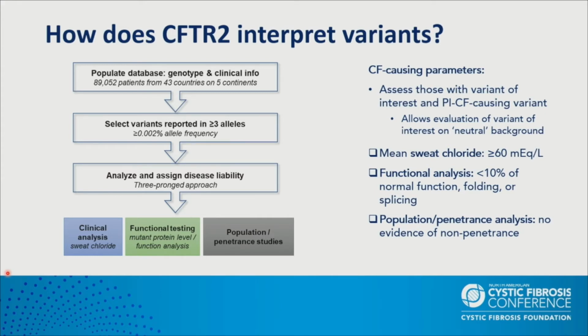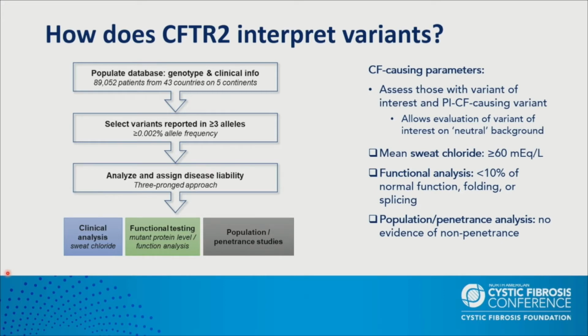And so when we think about how we might call something CF causing, the number one thing we want to do is look at a variant in the context of another variant, right? Cystic fibrosis is recessive, and in order to have it, you have two genes and you have two individual mutations. So we have to figure out how to evaluate one in the context of the other.